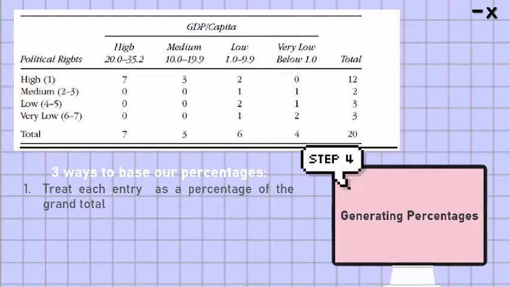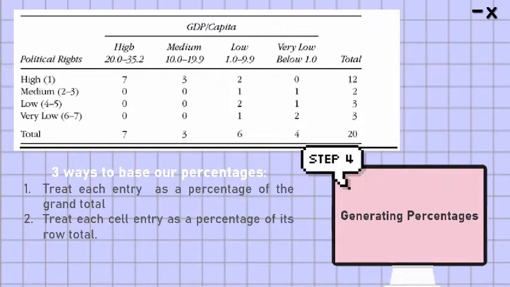If we get the percentage similarly for each of the 16 cells, we would add up to 100%. The second way to base our percentages would be to treat each cell entry as a percentage of its row total. From the term itself, we will get the percentage of the high cell to the total of 12 countries, which is its row. So 7 divided by 12 would be 0.5833, and we will change it to percentage, which will be 58.33%.